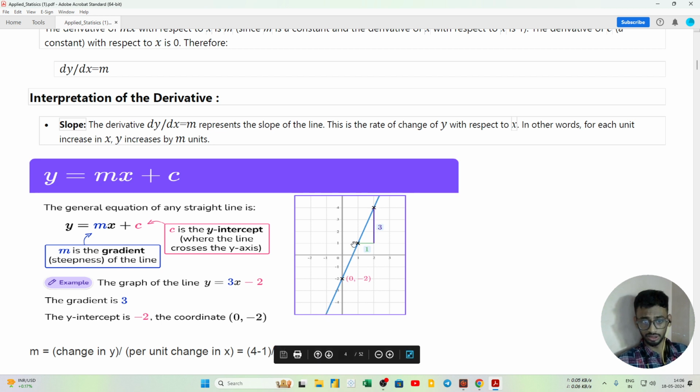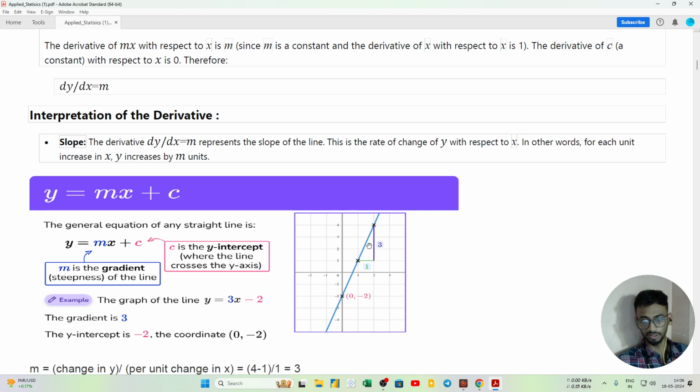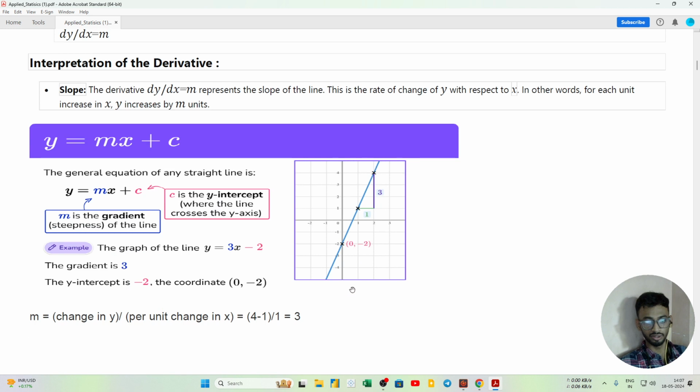So suppose this is our function, y = 3x - 2. This is a straight line that intercepts the y-axis at -2, and I want to derive the derivative of the function. Then what I do: derivative is nothing but the change in y per unit change in x.